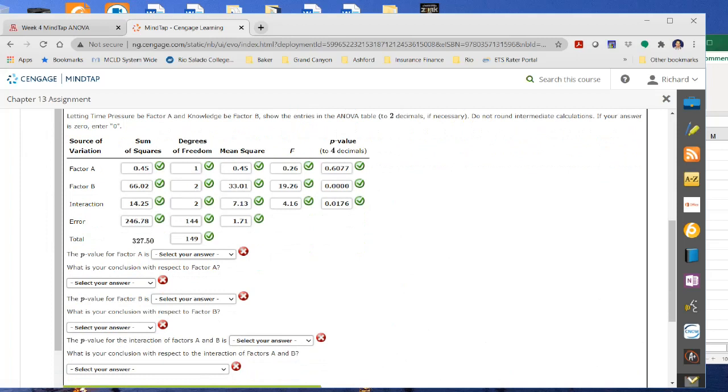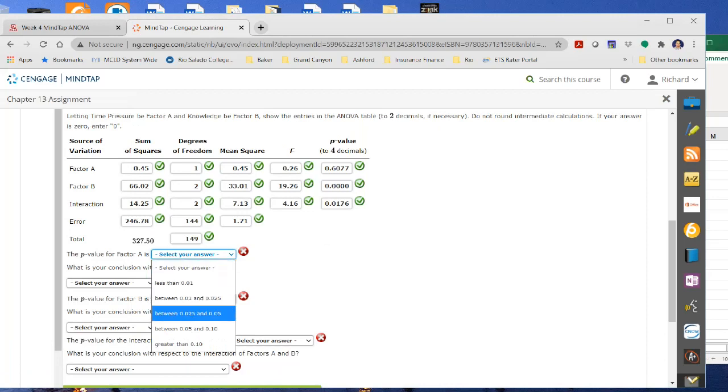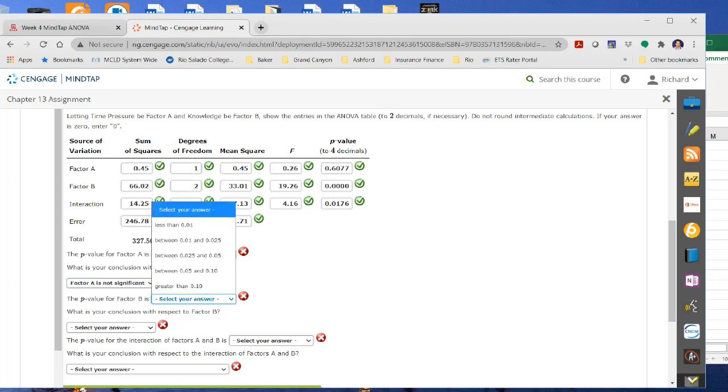The p-value for factor A is 0.61, which is greater than 0.10. And therefore, factor A is not significant. Our p-value is not low. The p-value for factor B is 0.